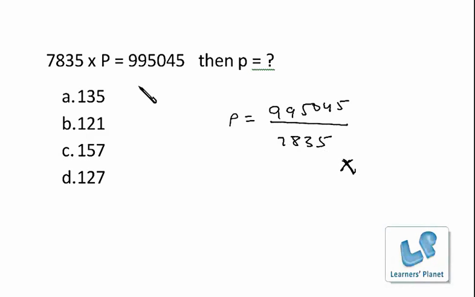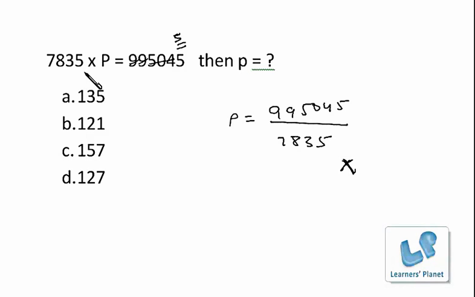Now what will be the correct way of doing this problem? Choose P among the options, then find out the digital root of the left hand side and match it with the right hand side. Now what is the digital sum of the right hand side? That is, 9 is cancelled, 9 is cancelled, this further 9 is cancelled. The digital sum of the right hand side is 5. Now we have to see a number from the options that gives the digital sum as 5 after multiplying with this, right?